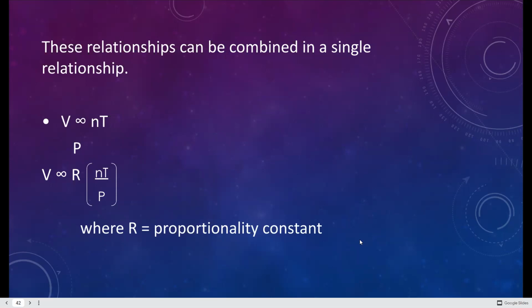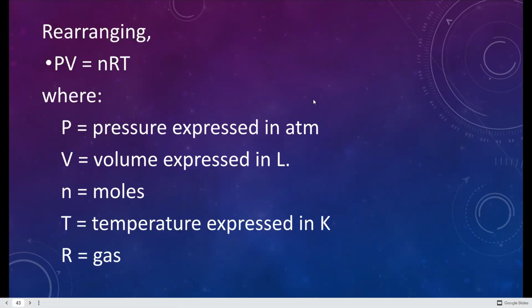Or V is directly proportional to R, the proportionality constant, because nT over P is equal to R. Rearranging, we have PV equals nRT.